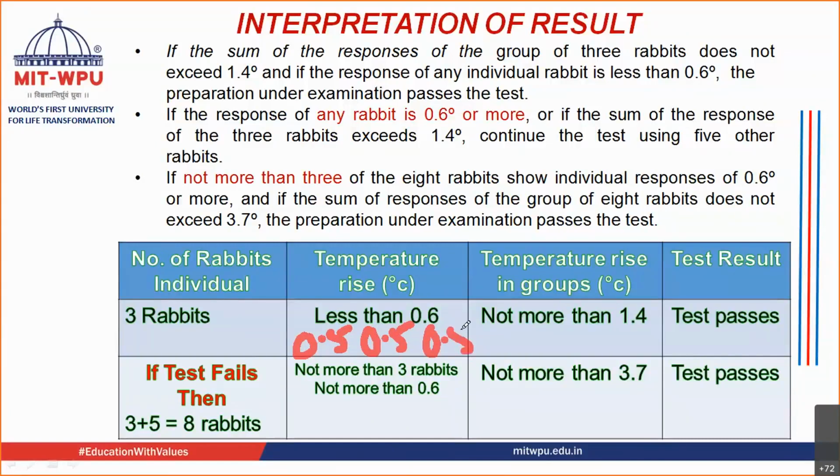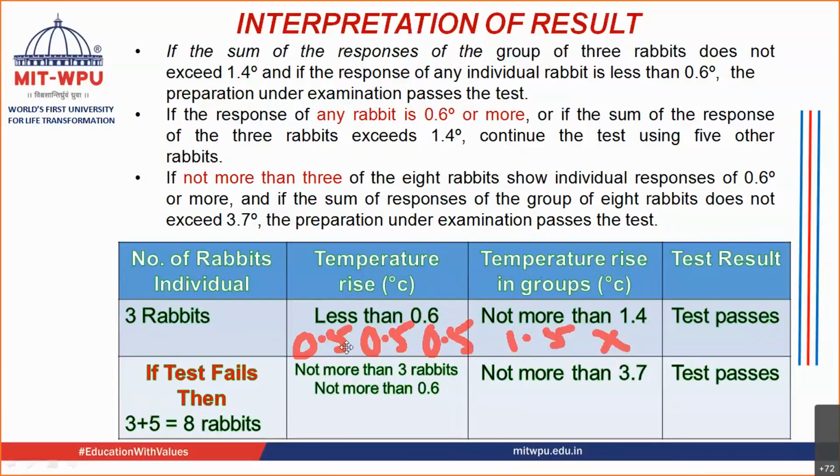So it is satisfying the first condition. What is the first condition? That it should be less than 0.6 degrees. But in the second condition, the rise in the group over here is 0.5 plus 0.5 plus 0.5, so it becomes 1.5. Then the test fails.